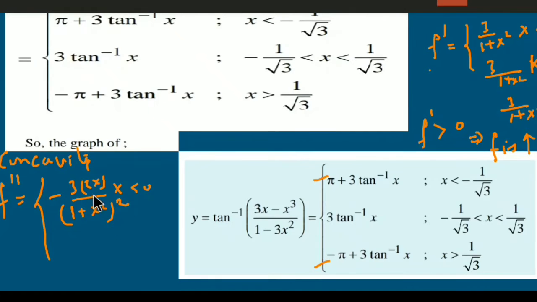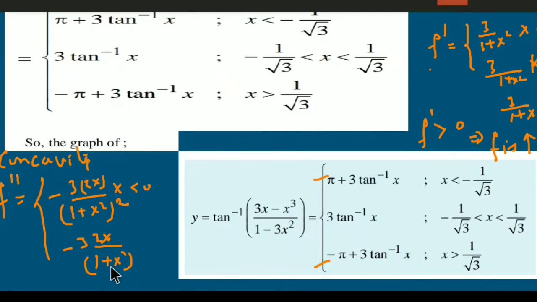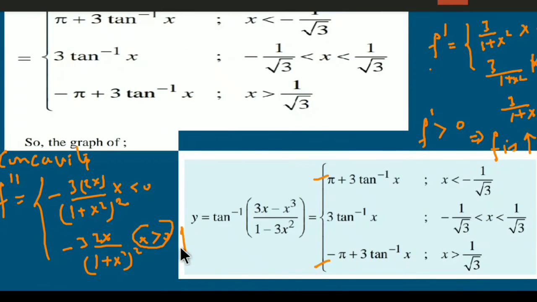The differential of x square is 2x, and here once again it is minus 3 into 2x upon 1 plus x square whole square. So wherever x is positive, this will be negative, so concavity is downward. And wherever x is negative, concavity is upward, because negative of negative becomes positive.